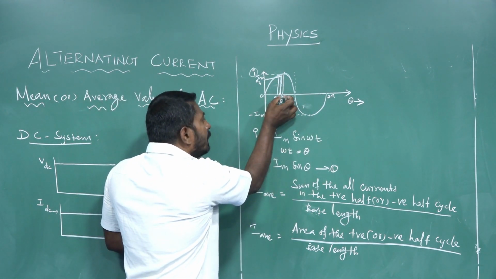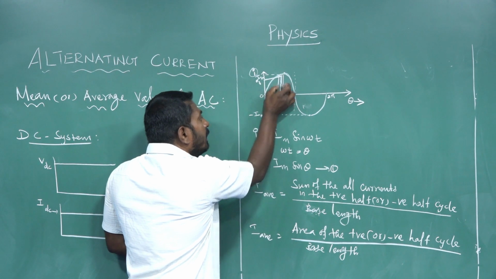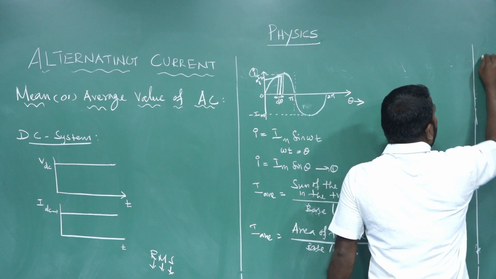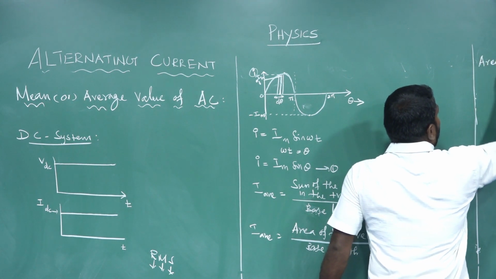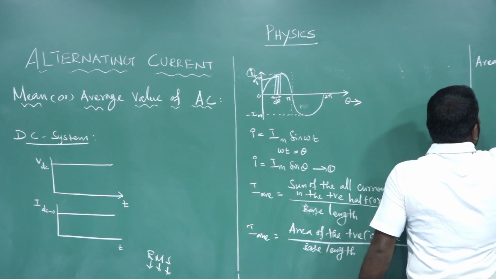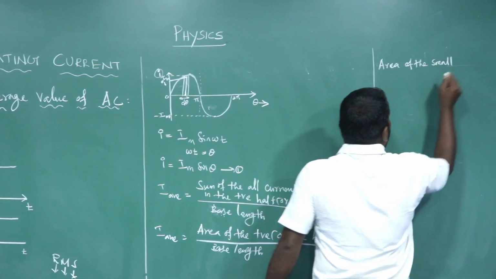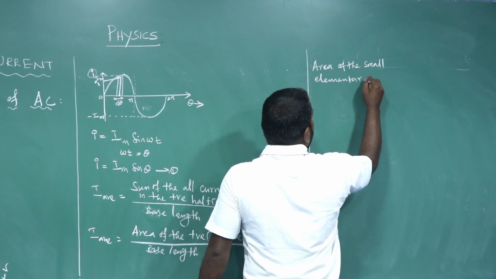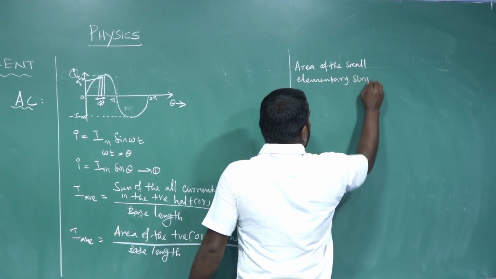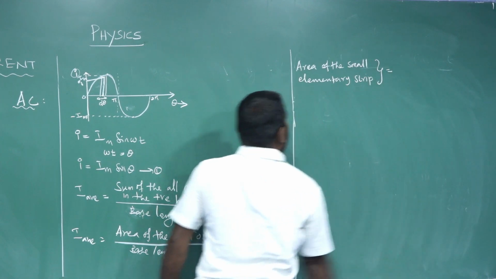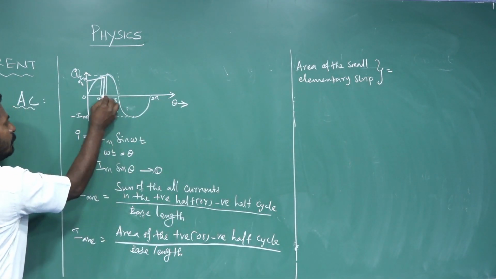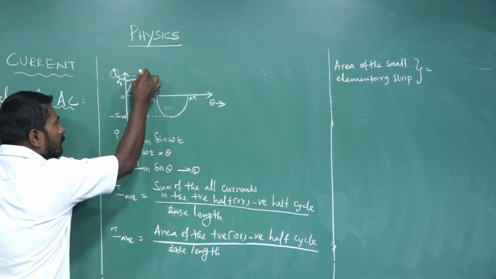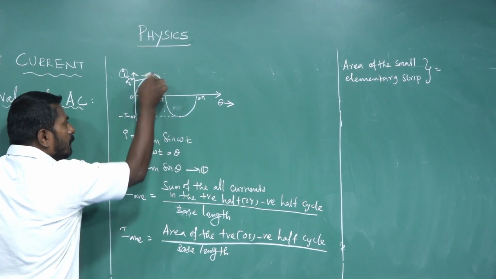Now we are going to calculate the area of the small elementary strip. The area of the small elementary strip is equal to the product of the x value, that is d theta, and the y value.